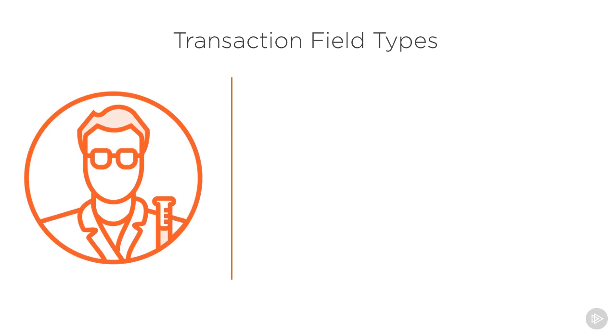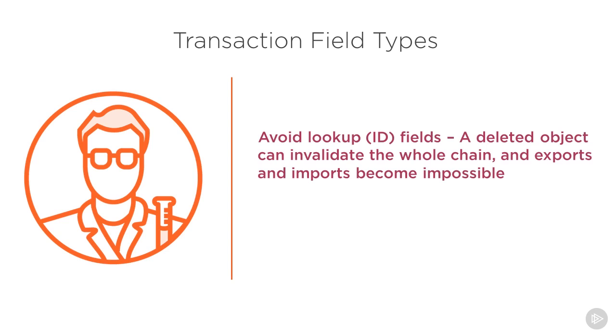Generally speaking, you should only include static primitive fields in a transaction. You should not include lookup fields because they are represented by an ID value. Using a lookup puts the entire chain at risk if the referenced object is deleted. It makes it impossible to import a ledger from one org to another, as the ID value has no meaning outside of Salesforce, meaning that anyone auditing a transaction would still need access to Salesforce to understand the transaction.